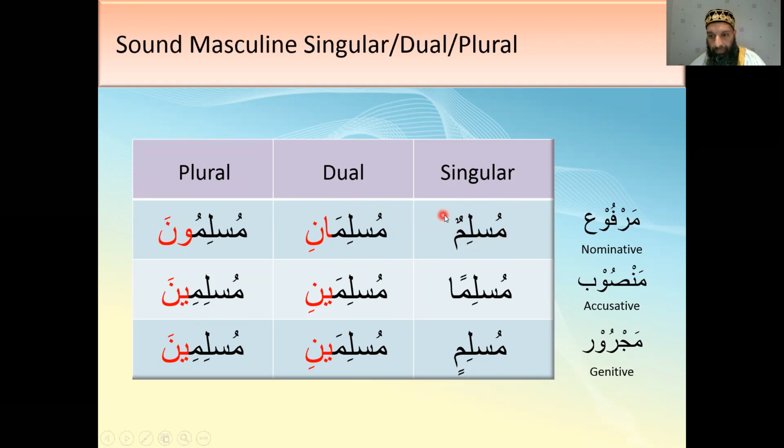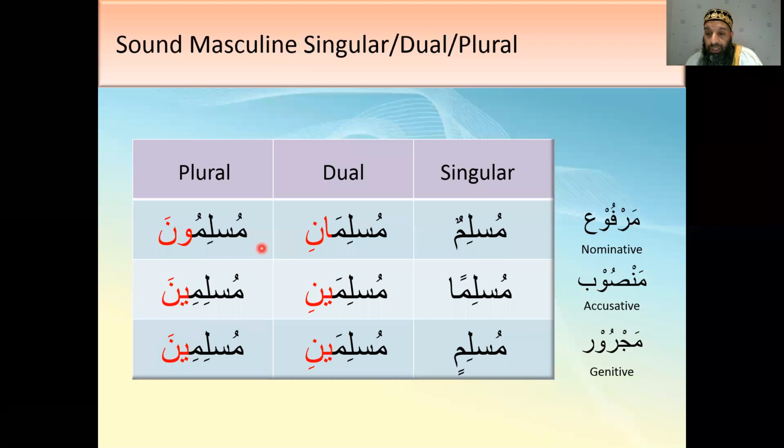How do I say two liars? Kadhibani. Good. How do I say many liars? Kadhibuna. Exactly. This is a template that you have to learn. Otherwise, you will not be able to tell when a masculine word is dual or plural for the sound masculines. And they come a lot in the Quran.